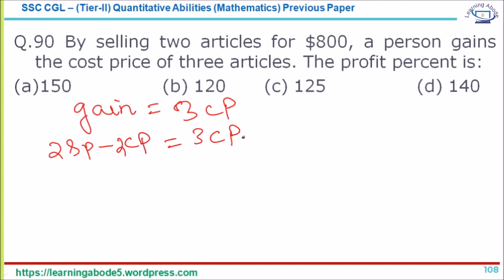Now that is 3 times the cost price. So you get 5 times the cost price is equal to twice the selling price. Okay, so selling price, we know it is 5 times the cost price.